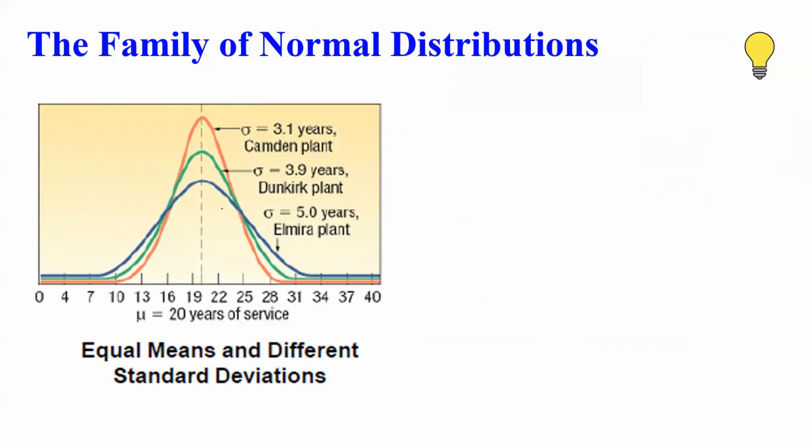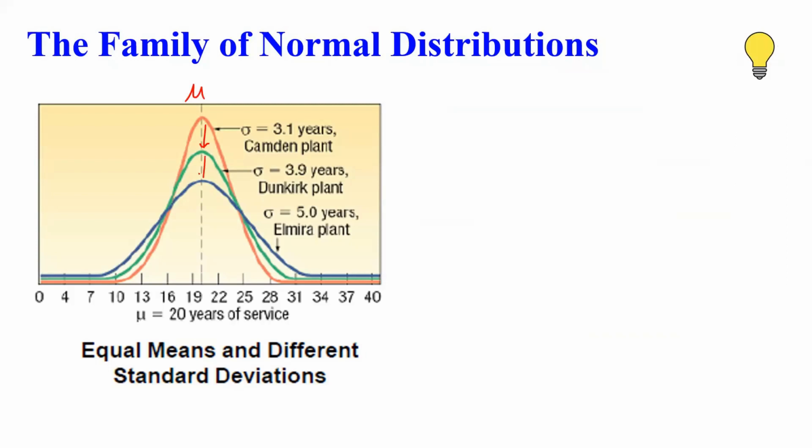Say, for example, the mean is the same in the normal distribution curves, however the standard deviations are different. It clearly shows that if the standard deviation increases, the peak is reduced. See, with 3.9 compared to 3.1, the peak height is reduced compared to the standard deviation of 3.1.